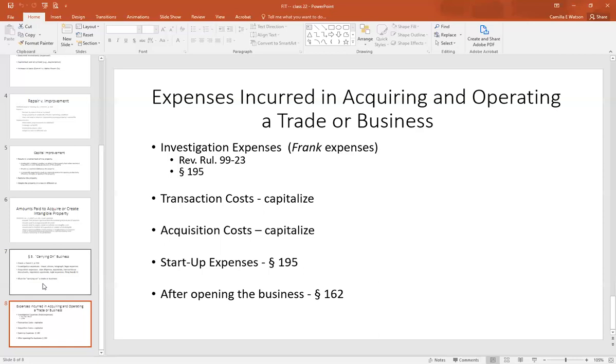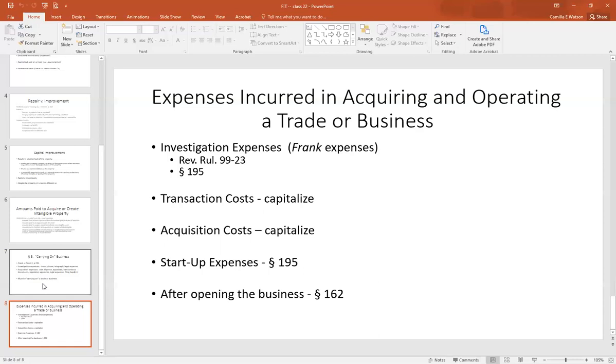Specifically, these include advertising expenses, salaries and wages paid to employees being trained, travel expenses incurred in lining up potential distributors, suppliers, and customers, salaries to executives, consultants, and other professionals for similar services, and employees' salaries for stocking inventory, etc.